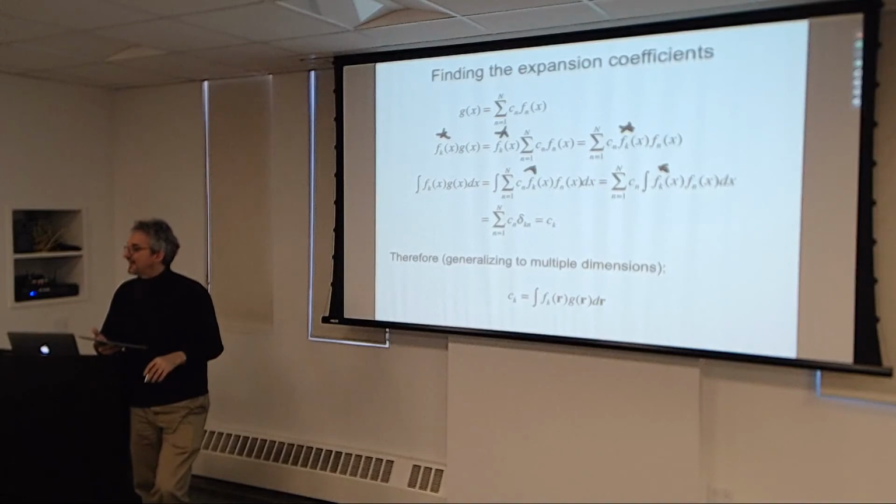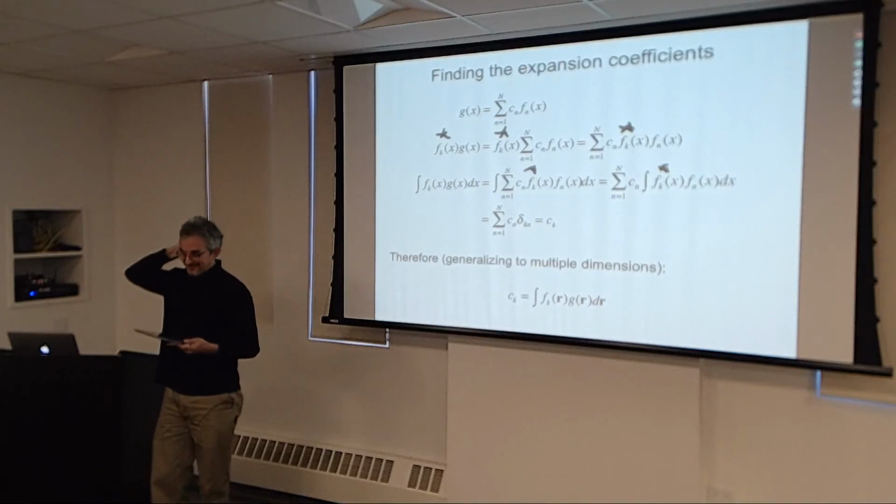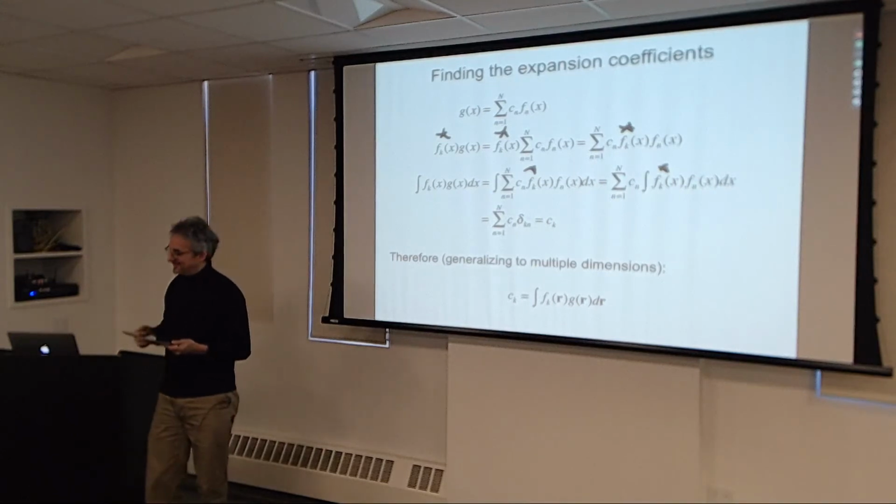So I just have to do this over and over again. I make k equal to 1, I find the first coefficient. I make k equal to 2, I find the second coefficient. And I just do that until I have enough coefficients to approximate the function to high enough accuracy. I might not like doing this by hand. If I need 1,000 coefficients, I'm not going to want to do this by hand, but obviously a computer gets tired much more slowly than I do.